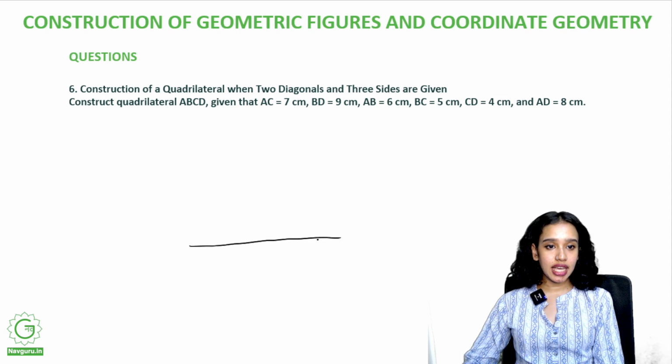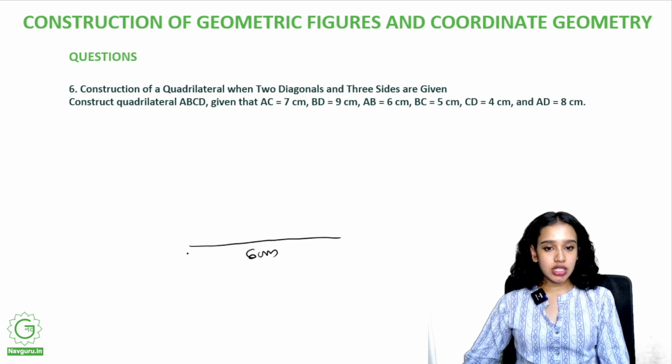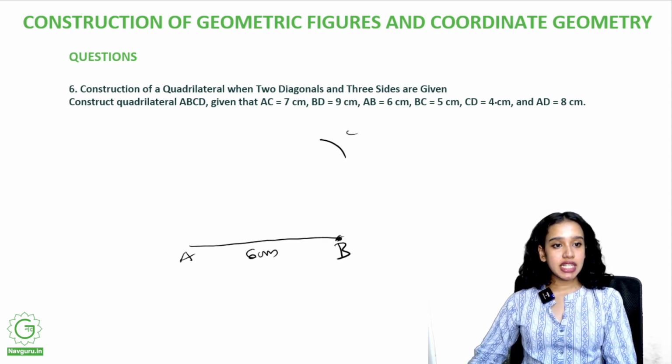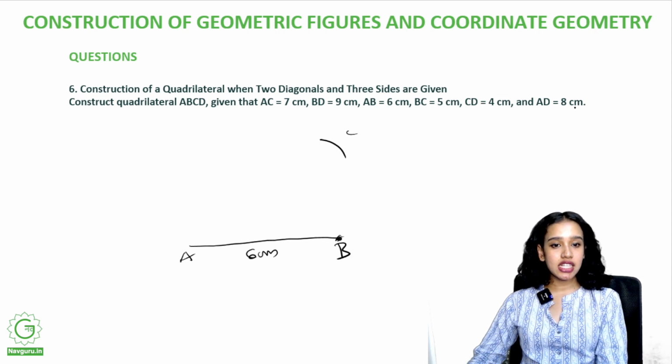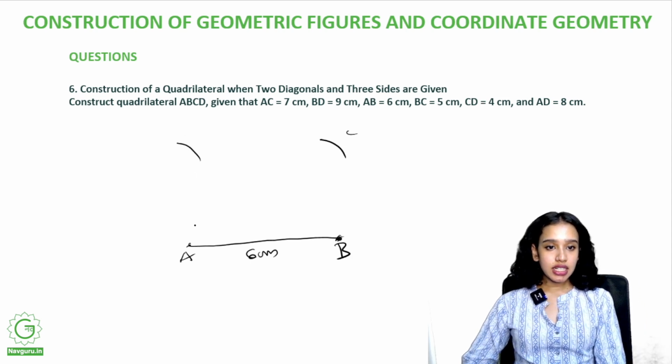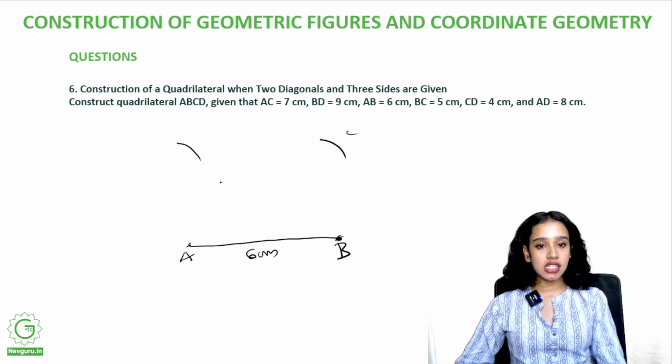So, we'll take AB as 6 centimeter. Now, we have BC at 5 centimeter. So, from B, I'll put the compass at B and mark a 5 centimeter arc. Now, if this point is C, I have CD at 4 centimeter and AD is equal to 8 centimeter. So, from A to D, I have 8 centimeter, right? Now, we have an arc AC is equal to 7 centimeter.